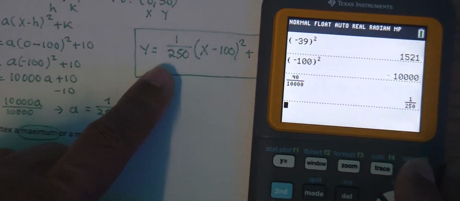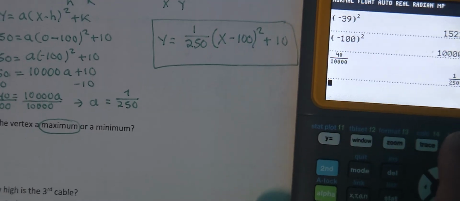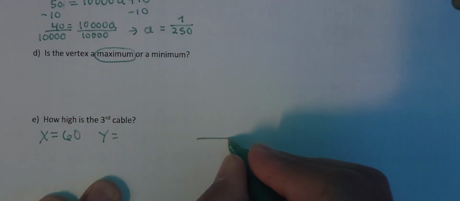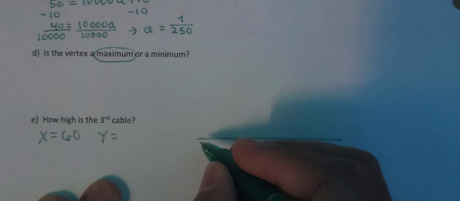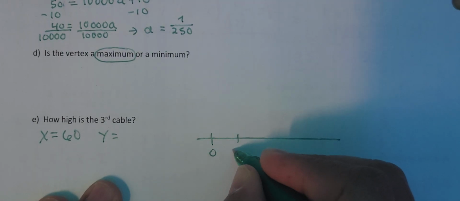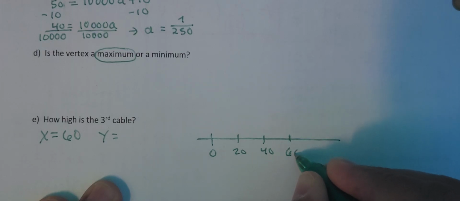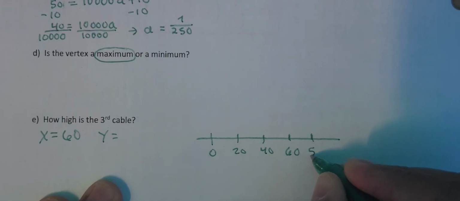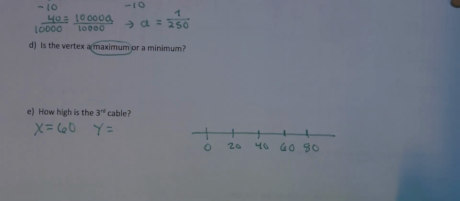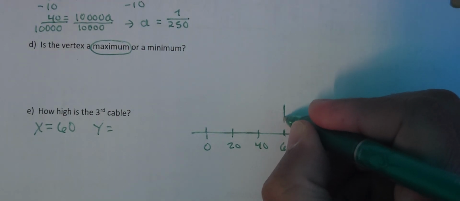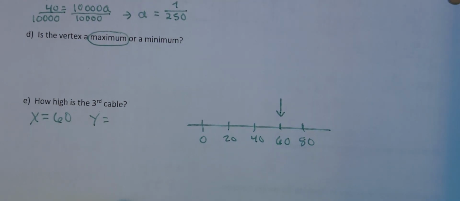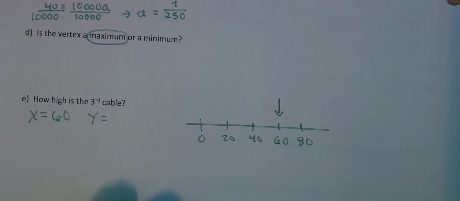So then I'm going to go to this equation here. And let me just give you a sketch in case you don't see it yet. So this is 0, this is 20, this is 40, this is 60, this is 80. We can do more. I'll stop there for now. Okay, so we're interested, what happens here? Okay, at 60 feet, what's the height?